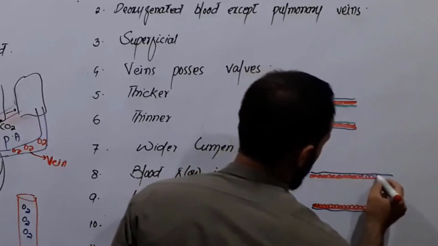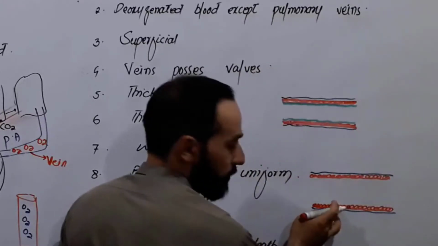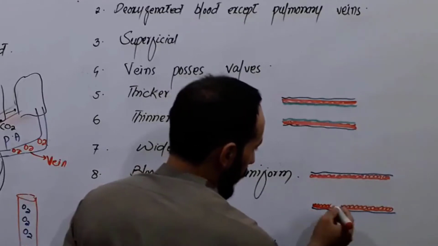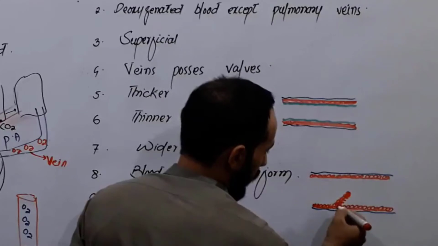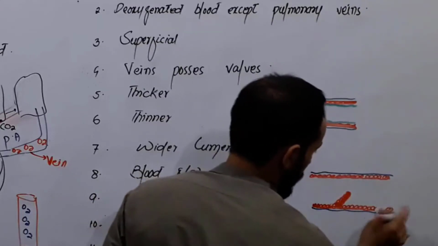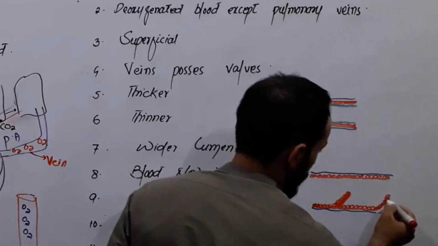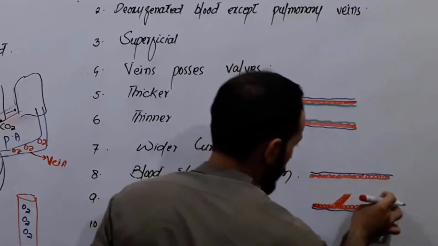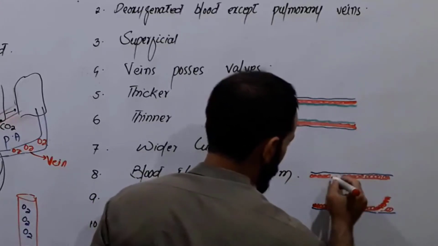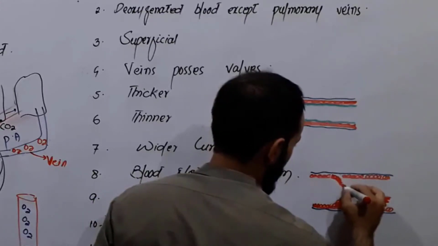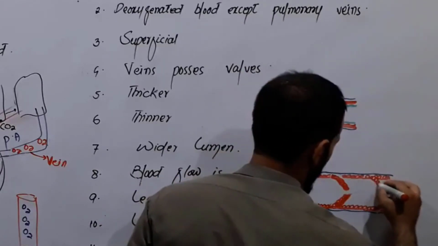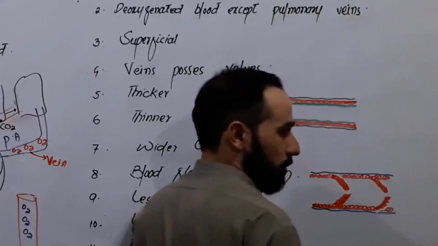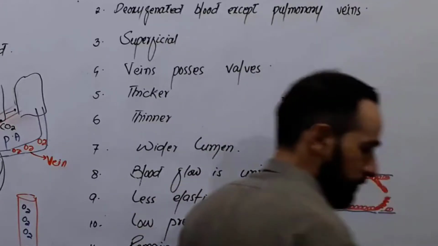Now at certain points, this tunica media goes inward, from that side also. You can see here, they are making valves.